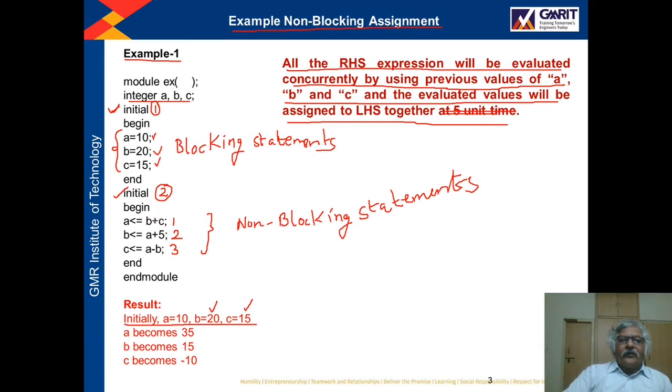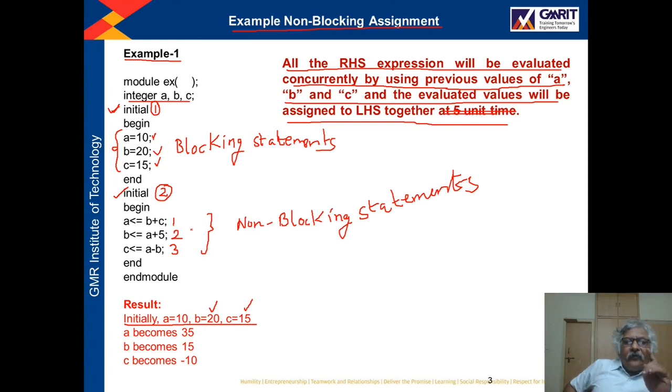So this evaluation is done, but the evaluated value 35 is not assigned to A. Only evaluation is done, right? Now since statement 2 also executes parallelly, in statement 2, A plus 5 will be assigned to B. So what is the value of A?